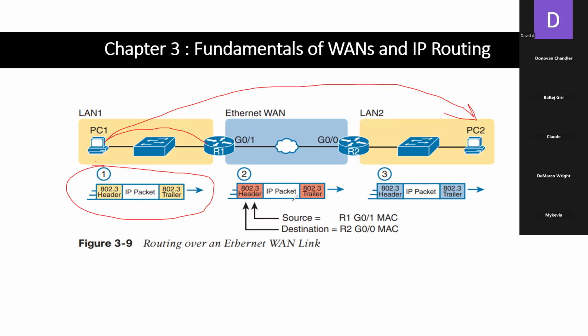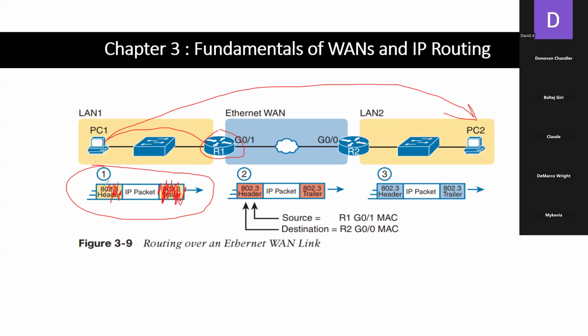Router one is going to go ahead and de-encapsulate that and say, hey, thanks for sending this to me. I'm going to go ahead and send your packet that has your data along the way.